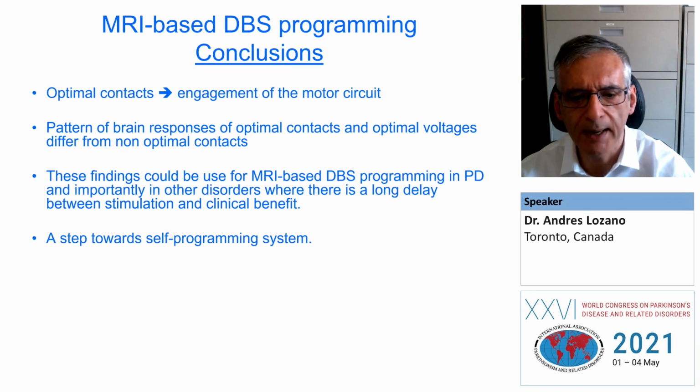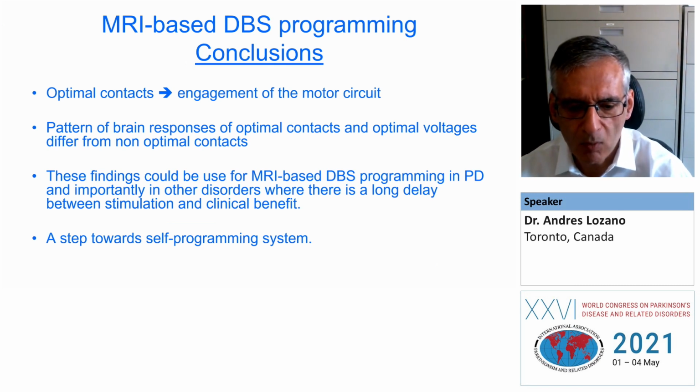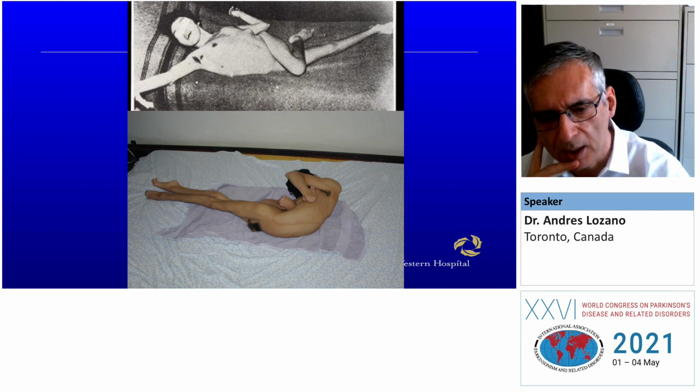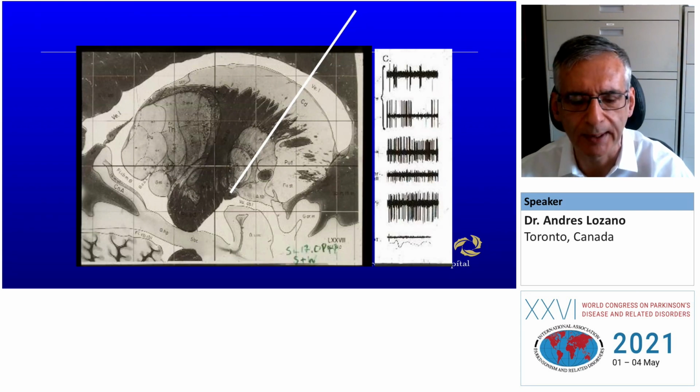So with this in mind, we now want to also look at dystonia, and dystonia is particularly interesting because there's a very long delay between applying the stimulation and having a clinical benefit. So here, having an fMRI signature would be particularly important if it's predictive of long-term benefit. As you know, we place the electrodes in a different target, usually in the GPI in most cases of dystonia.